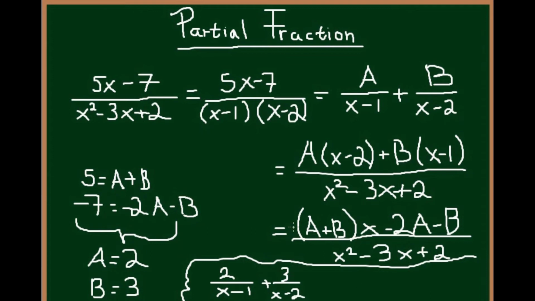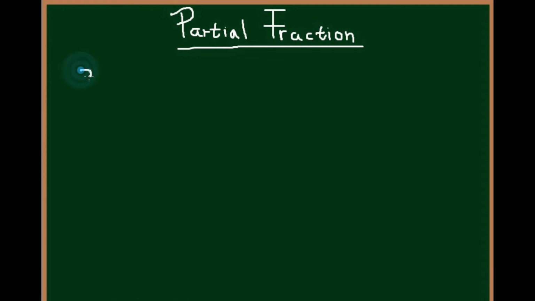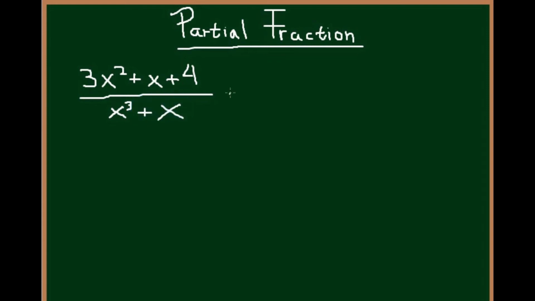Now let's try another example. Now we have 3x squared plus x plus 4 over x cubed plus x. First, we have to find the factors of the denominator.